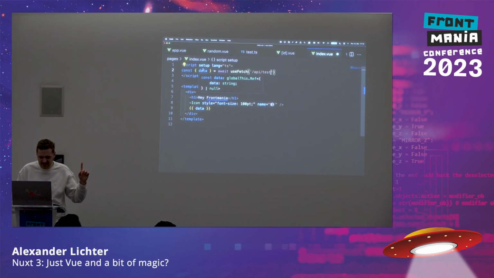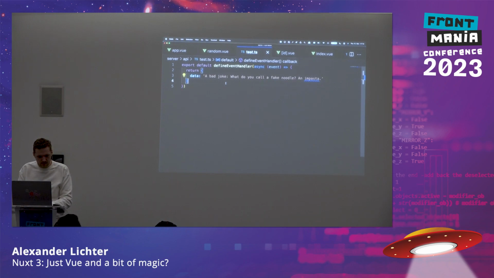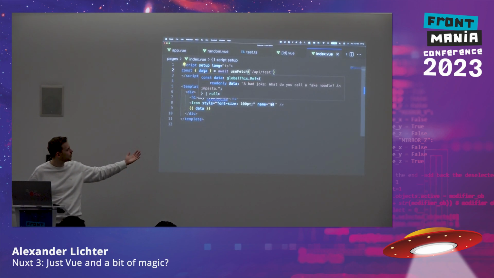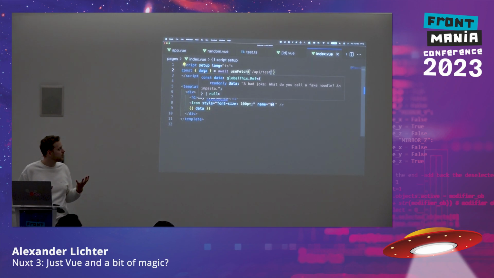If I hover over data, it says data string or null. And if we go really crazy and even say like, I don't know, as const, then maybe it says even, oh, readonly data, a bad joke. What do you call a fake noodle? An imposter. So Nuxt gives us, thanks to the server engine, end-to-end type safety.